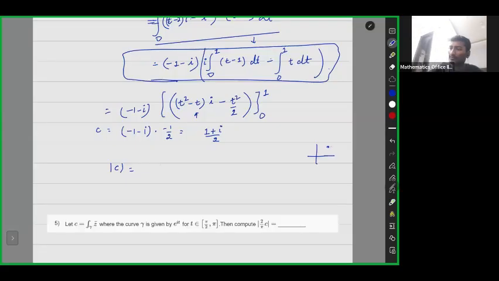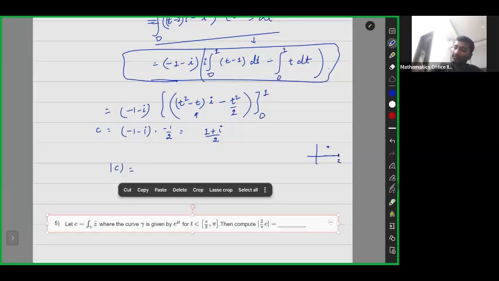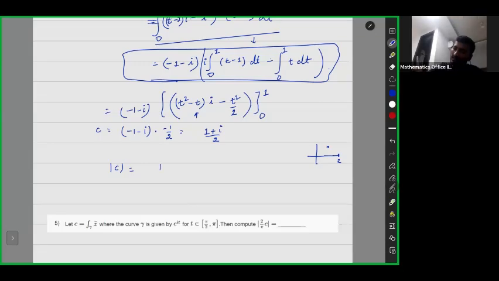This is 1 and this is 2. Sorry, 1 by 2 square plus 1 by 2 square, and we have to take the square root. We get 2 by 4, right? So we get root 2 by 2, which is equal to 1 by root 2.